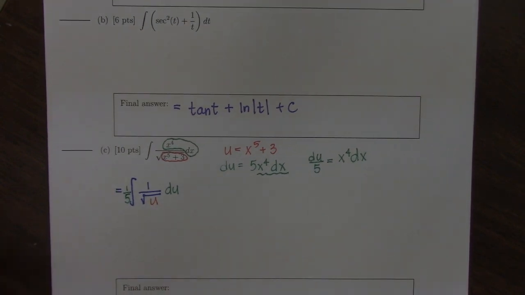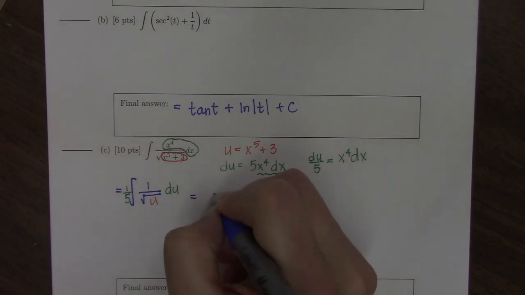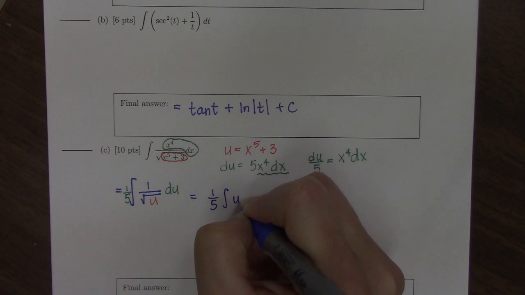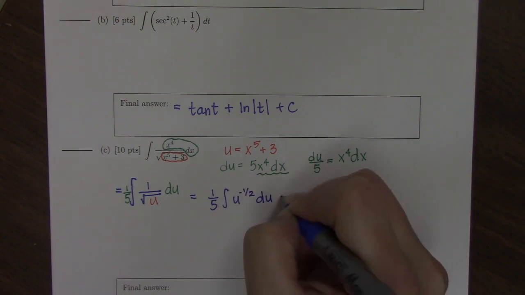So now you can see how this integral translated into this integral. Now I'm ready to integrate the function, but I think that if I rewrite this one more time, I can actually make it a power rule problem, so it's a little bit easier for me to work out. So this will be the same thing as 1/5 times the integral of u to the negative 1/2 du.